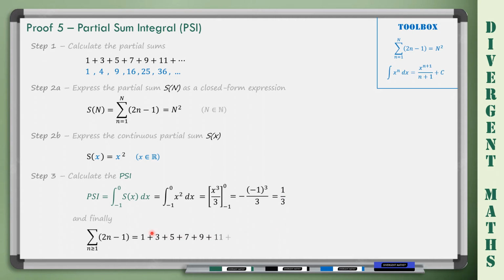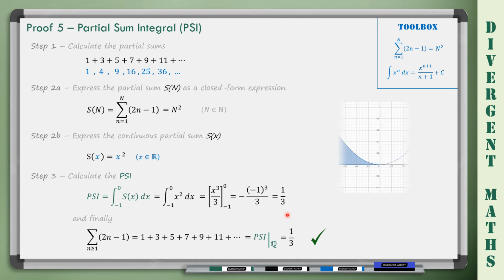So we can finally write down that the sum from n equal 1 to infinity of 2n minus 1, which is the monotonic divergent series of odd numbers, is equal to the PSI value here after projection on Q. Because 1/3 is already a rational, we don't have to project, but generally speaking, remember that you need to project on Q for divergent series of integers, and it's equal to 1/3, which is a correct result.